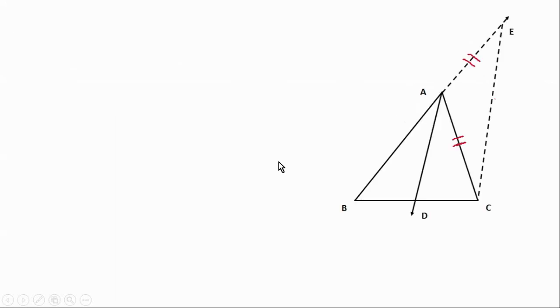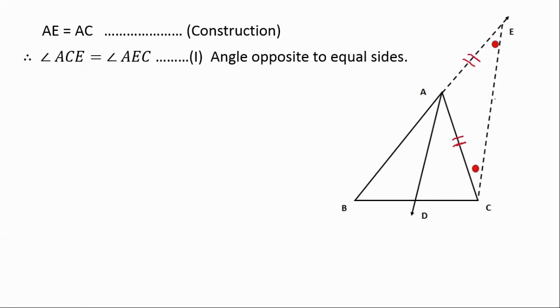As per the construction AE equals AC, we can say that angle ACE is equal to angle AEC. The reason is: angles opposite to equal sides in the same triangle.